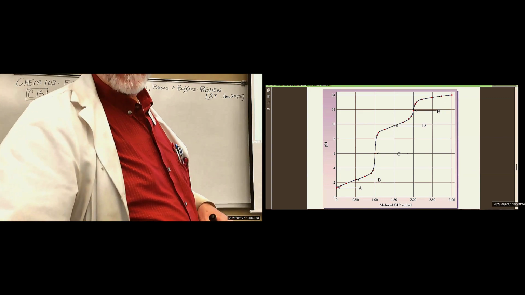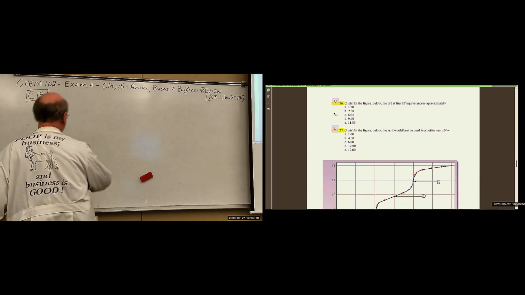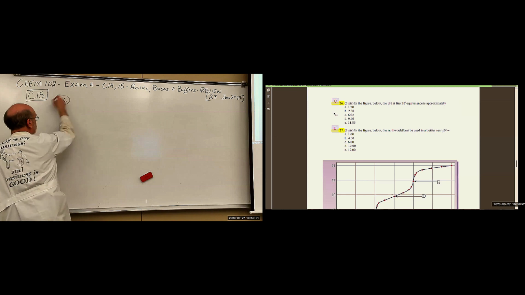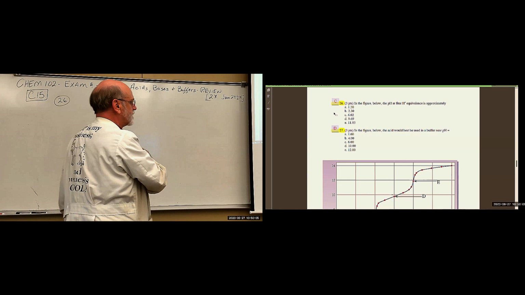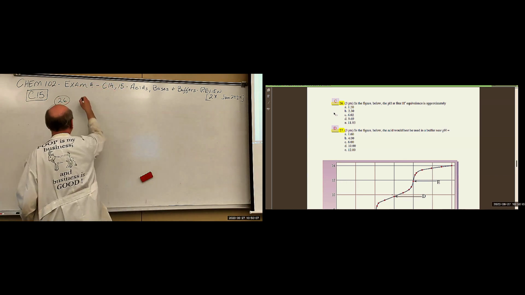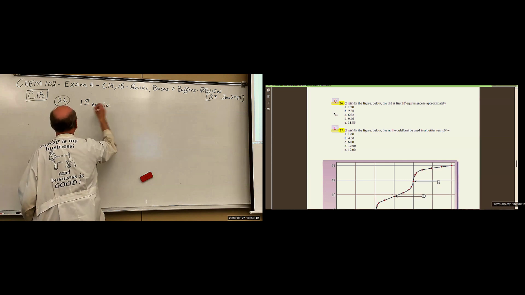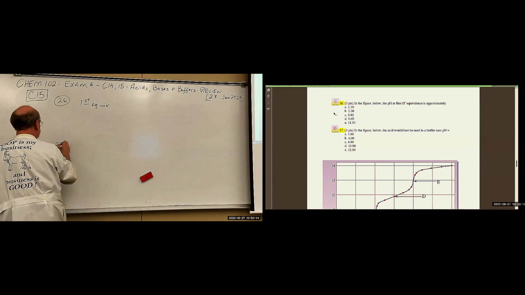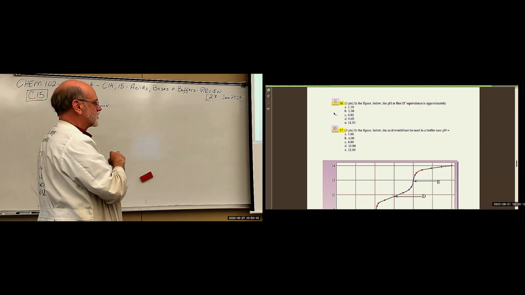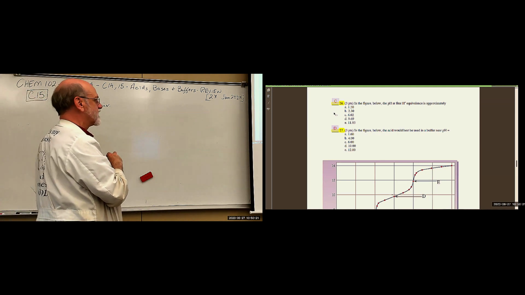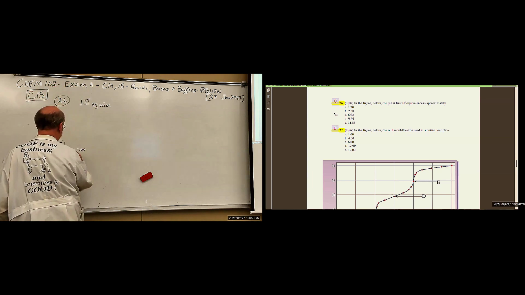Now let's go back and see what 26 and 27 are asking for. All right. 26 is asking for pH at first equivalence, and 27 is asking for best to be used in the buffer near pH what? Okay, so I'm going to write all these so I can scroll down to the other one.